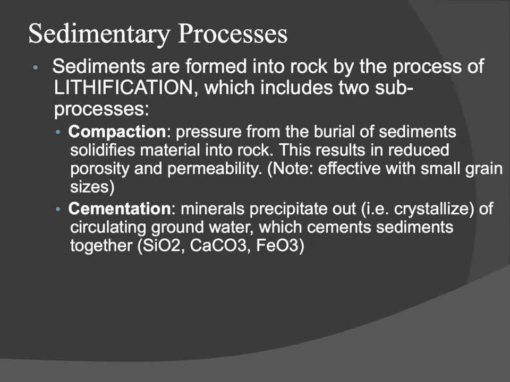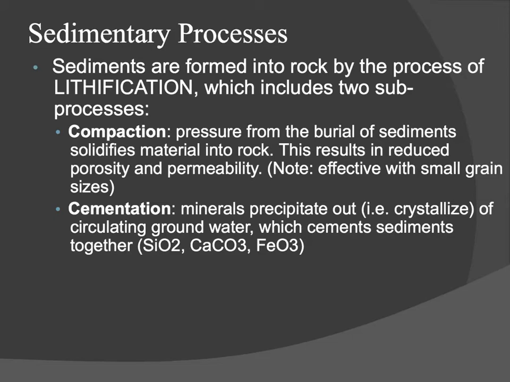It's important for compaction that you realize that compaction comes from the sediment being more and more buried. As the sediment gets more and more buried, which is typically because of more sediment being loaded on top of it, the pressure gets higher and the sediment grains get closer and closer and more compacted together.